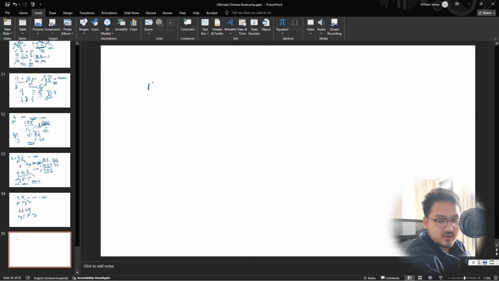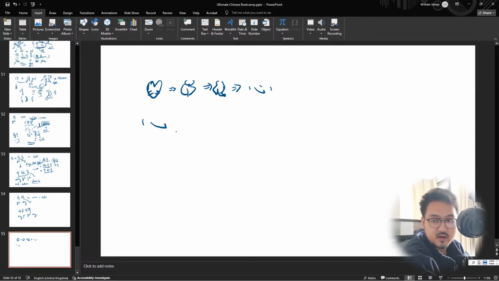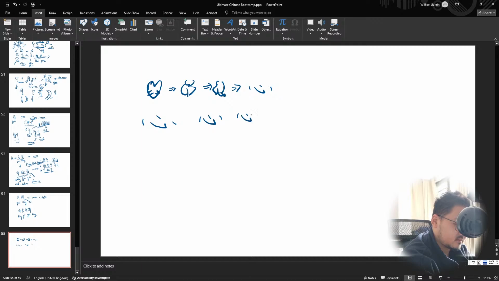If you draw a heart, it's kind of a heart shape, and then the two arteries, and I don't know how to write the traditional heart, something like this, and then it became the modern version. 心, so basically it's a 点, and then a 卧钩, like a hook going down, and then 点. That's 心.